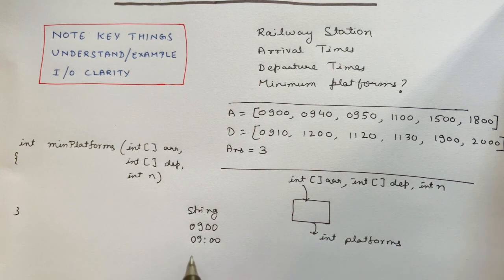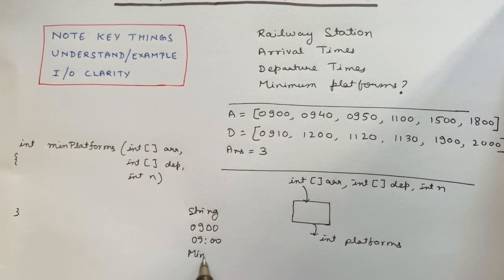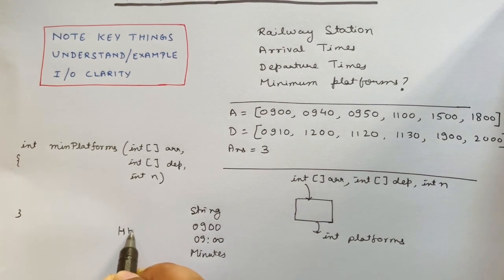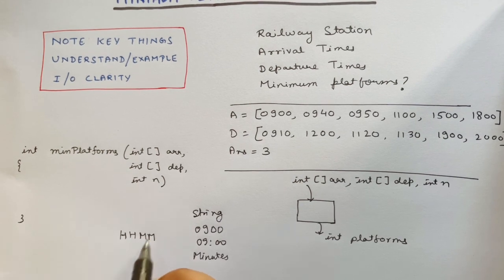It could have been represented in the form of absolute minutes, that is how many minutes since 0000. So it is better to clarify the format of the times with the interviewer before we begin with the question. For our case, we are taking the format HHMM, right?